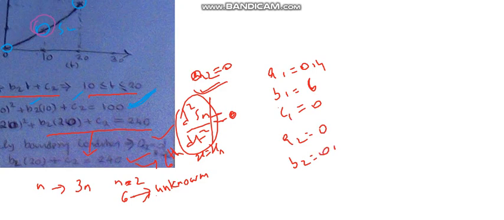So basically it is coming like a1 equal to 0.4 and b1 equal to 6 and c1 equal to 0, and a2 equal to 0, b2 equal to 0.14, and I don't know whether it is 0.14, I think it is 1.14, you can check that, and c2 equal to some 40.